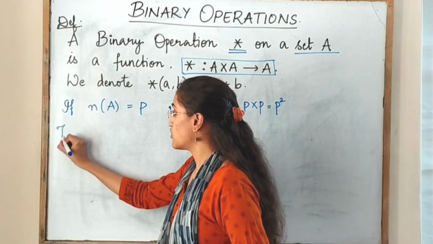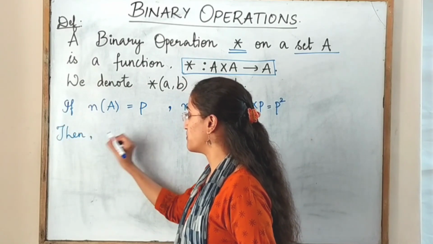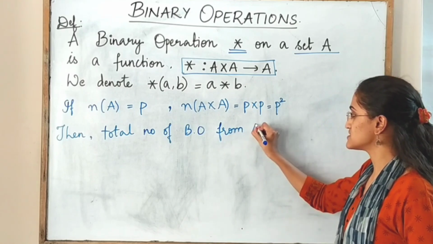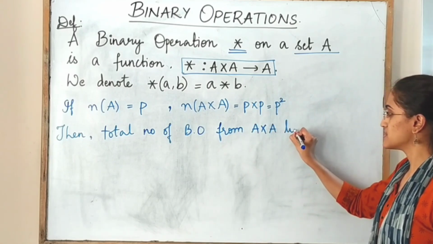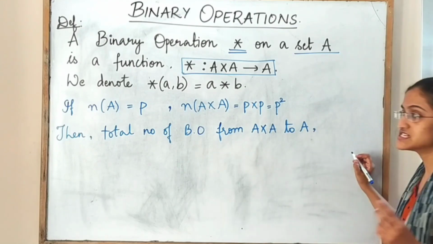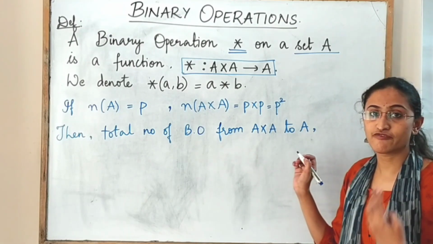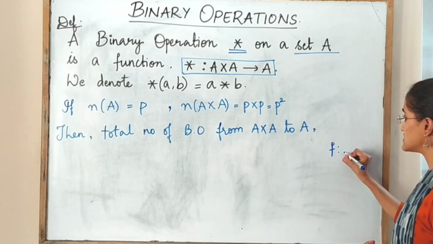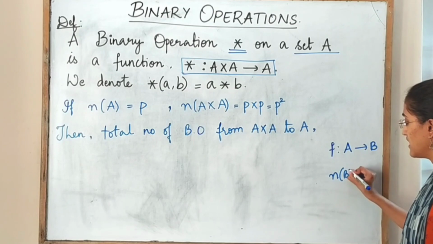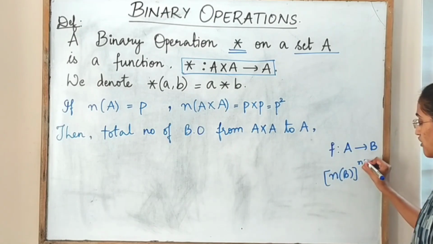Then the total number of binary operations from A cross A to the set A is nothing but the number of functions, and hence you can remember that the number of functions from the set A to B is given by n(B) to the power of n(A).